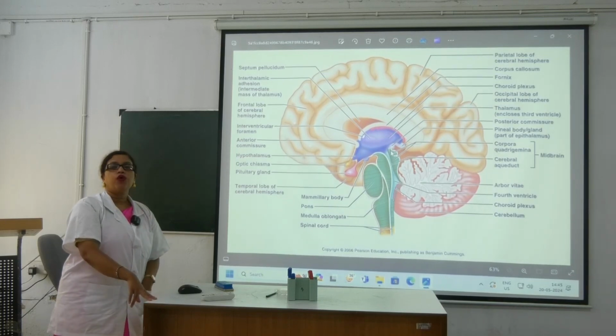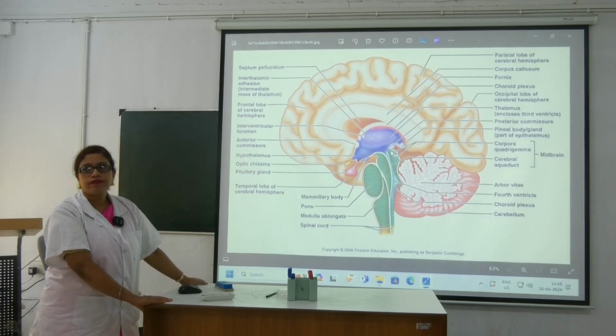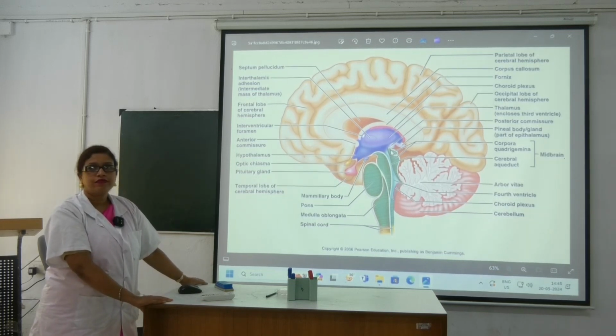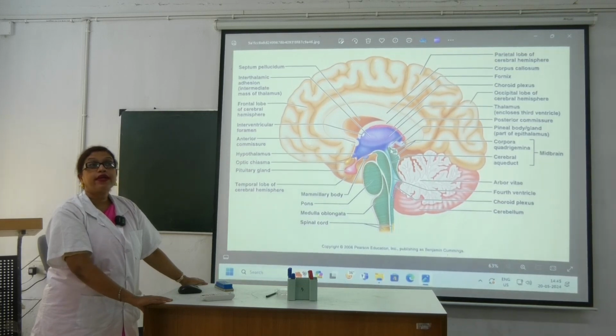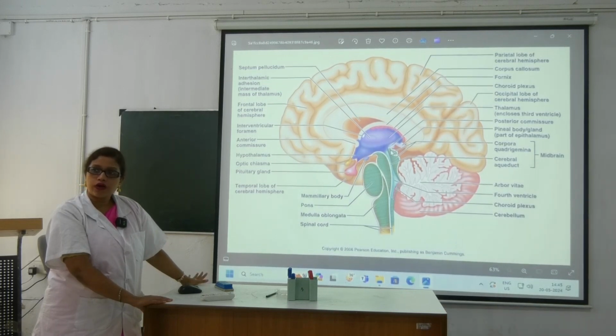Okay. So what is the function of the hypothalamus? I have already discussed it. It maintains the circadian rhythm, so it acts as a biological clock.